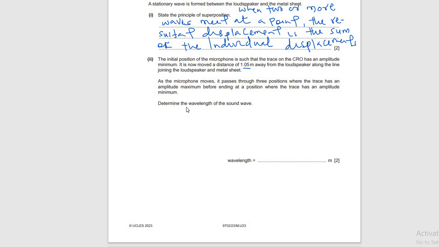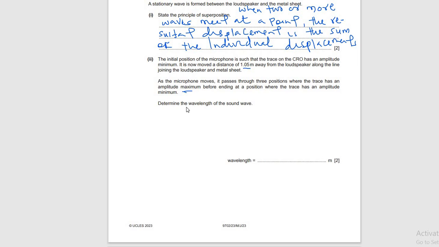As the microphone moves, it passes through 3 positions where the trace has an amplitude maximum before ending at a position where the trace has an amplitude minimum. Determine the wavelength of the sound. Now, the key to this question is it passes through 3 positions where the trace has an amplitude maximum before ending at a position where the trace has an amplitude minimum.